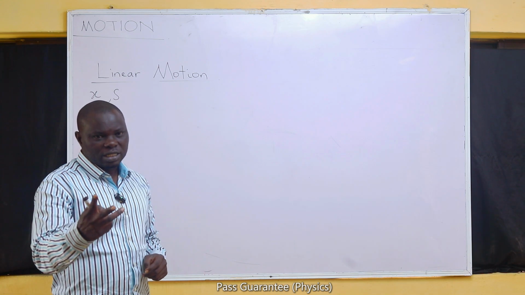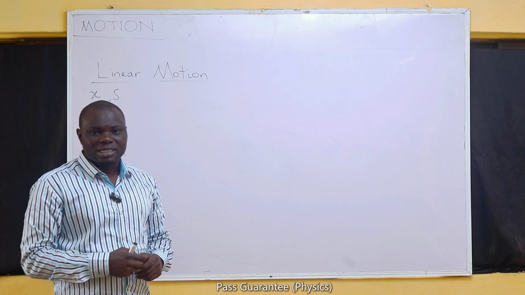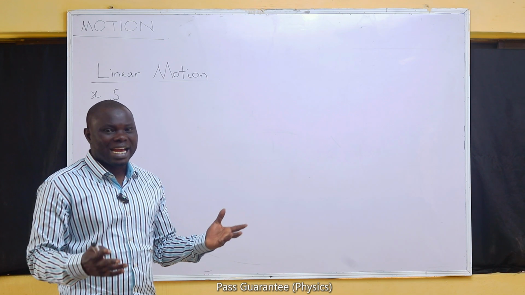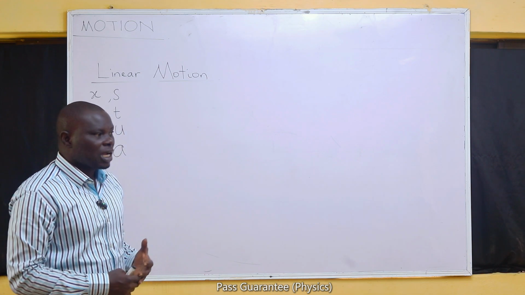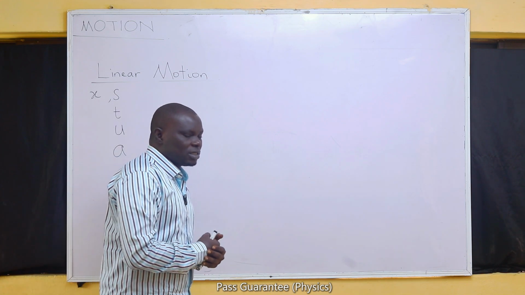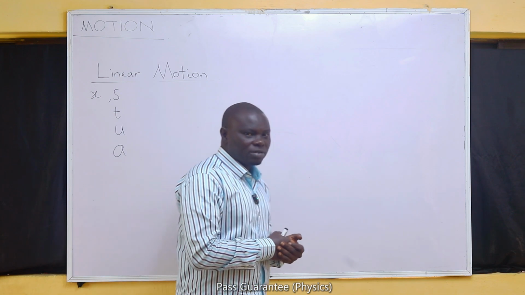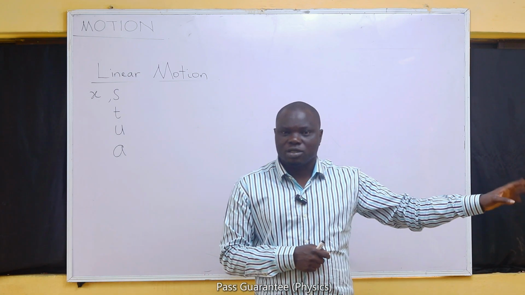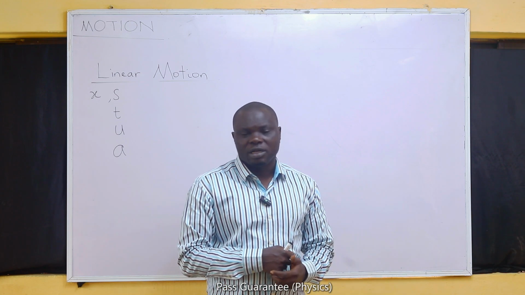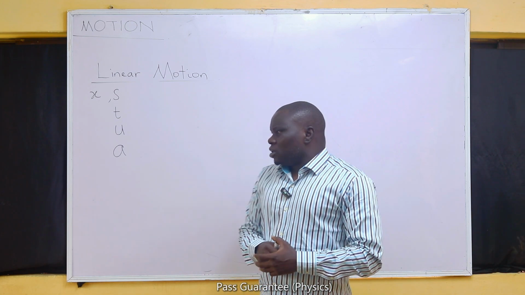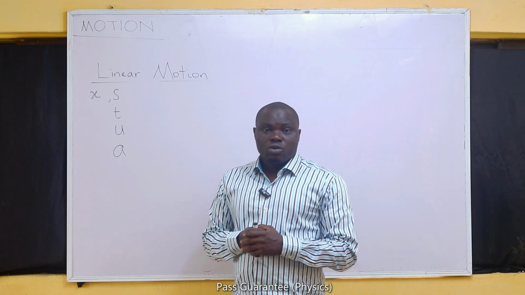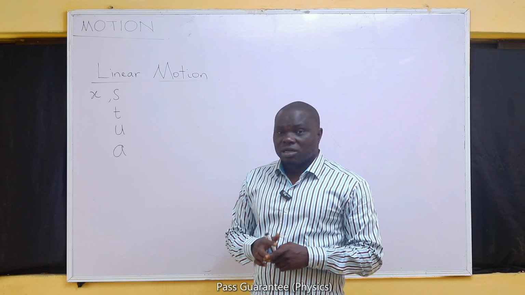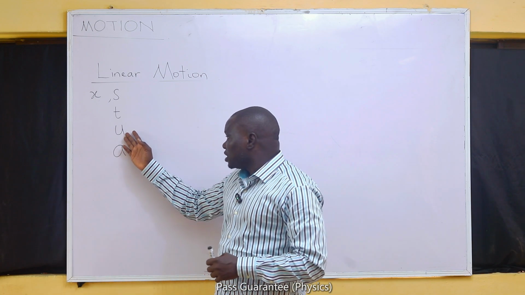For example, when I talked about light, the speed of light at any time is going to be 300 million meters per second, as long as refraction is not happening to it. We'll discuss that under waves later. But for now, the speed of light is always 300 million meters per second. That is just the value. I will represent it with u.